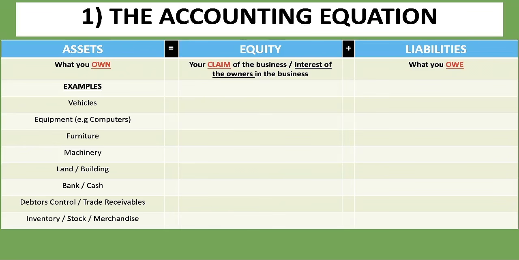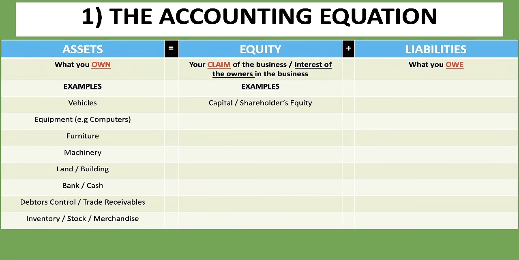What about equity? What are some examples of equity? Well, equity is quite easier. We have a shorter list for this one. Here, the first one we have is capital or shareholders' equity. What is capital? Well, capital is the contribution of the owners into the business. Whatever they have contributed or invested in the business, that is their capital or shareholders' equity.